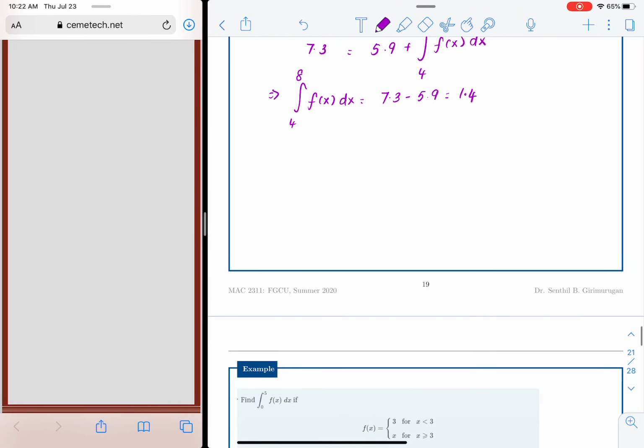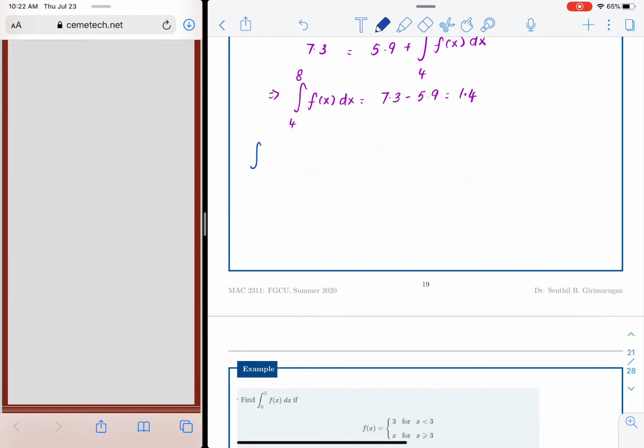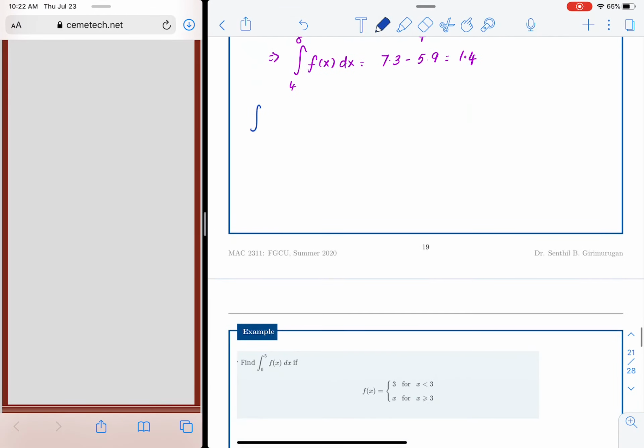In the second problem, we have to find the integral from 0 to 9 of 2 times f(x) plus 3 times g(x) dx. I could write this as the integral from 0 to 9 of 2 times f(x) dx plus the integral from 0 to 9 of 3 times g(x) dx.